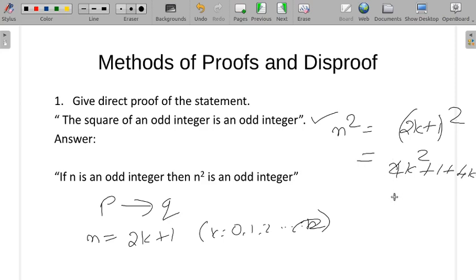Okay, so let's take 2 common. 2k square plus 2k plus 1. So what do we have?